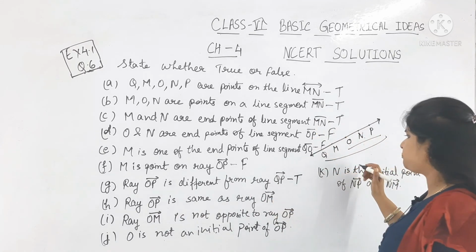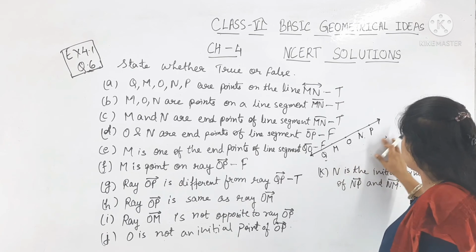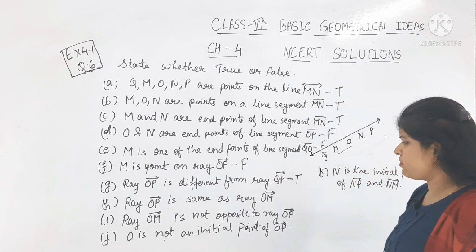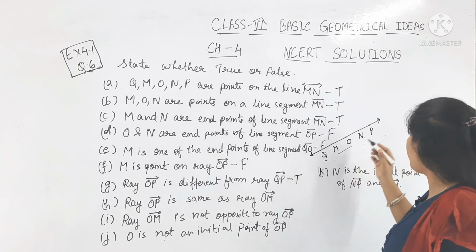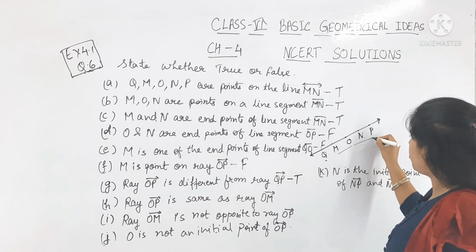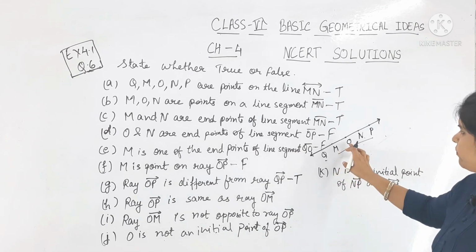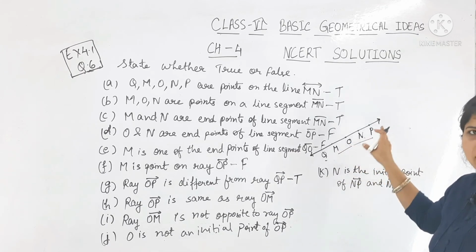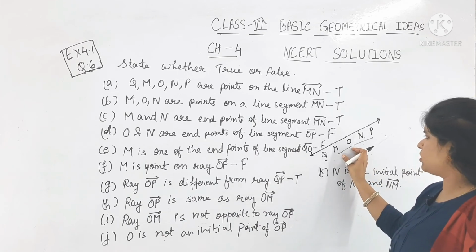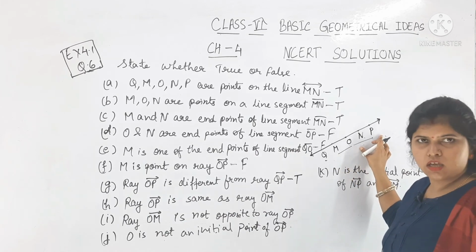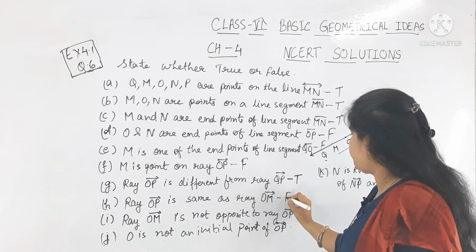So here OM is like this one, is OM and same as ray OP. So it is not the true statement. If it is OQ and OP, that will be the same. But here OM the distance is short and this distance is greater. So this is different. So it is false.